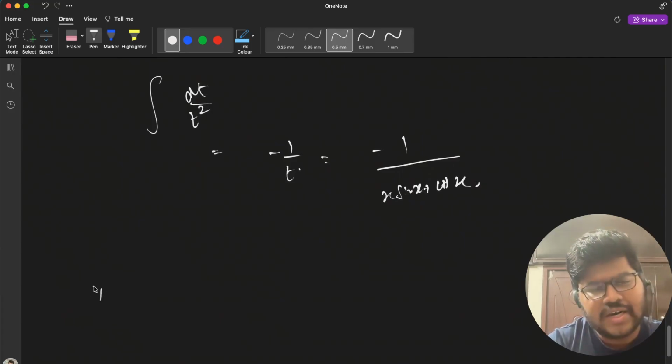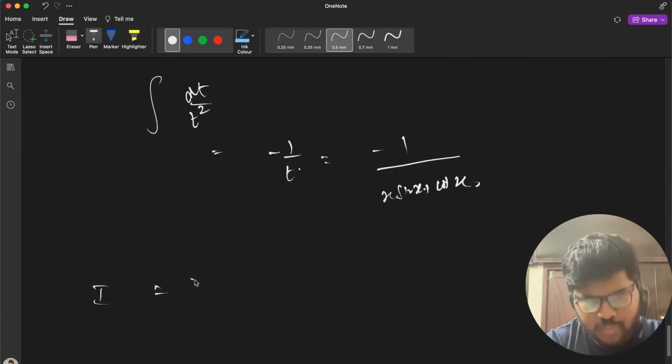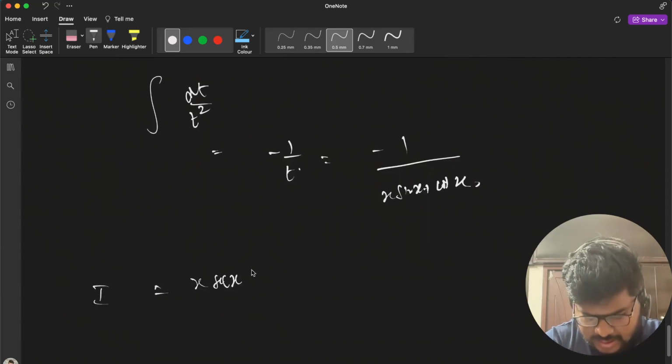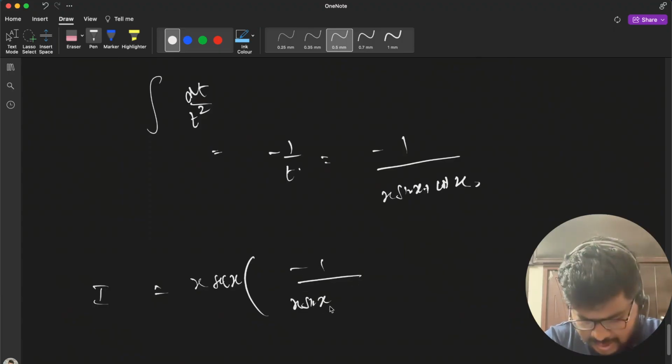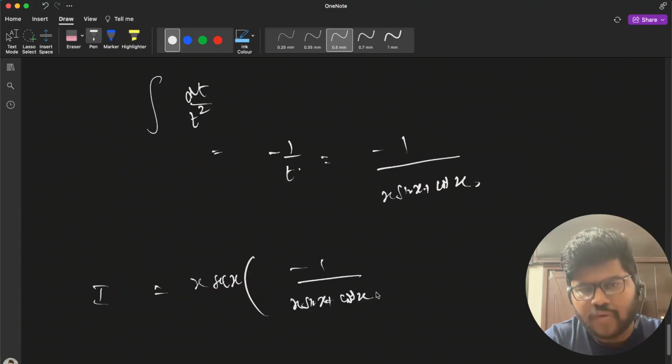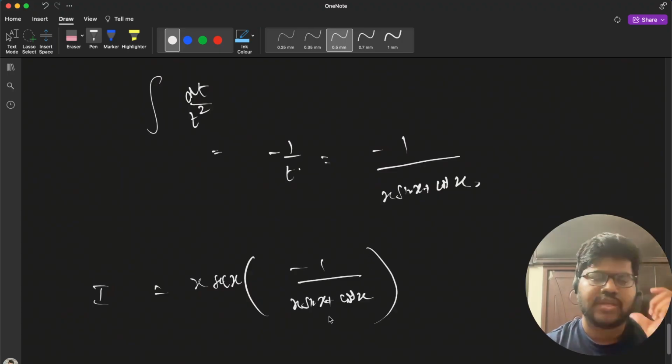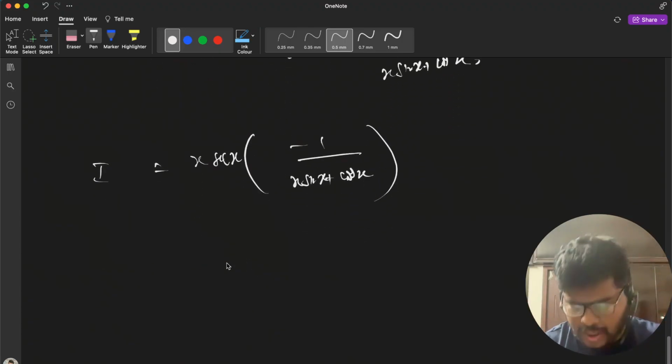So now our integration, the complete quotient integration, would become x sec x into minus 1 upon x sin x plus cos x. So what we have done, we have simply simplified the integration so that we can apply the product rule, right? Okay.